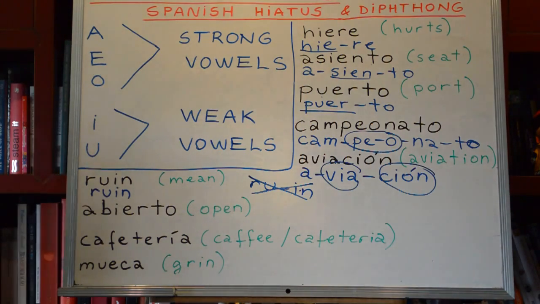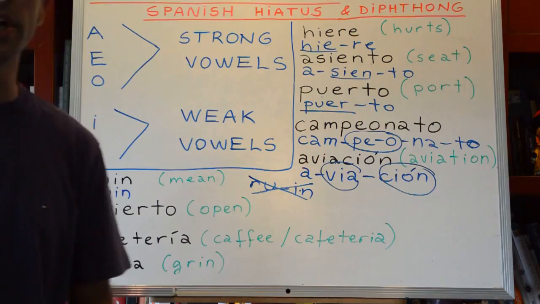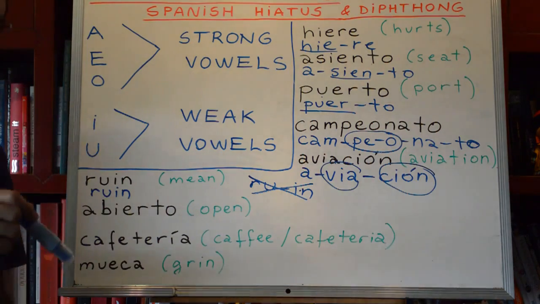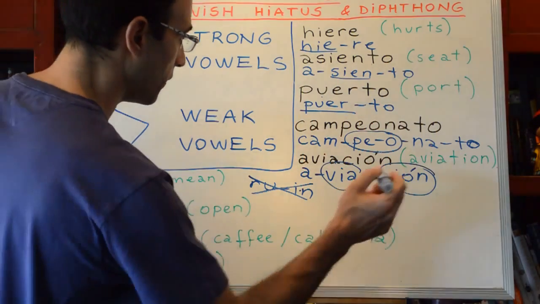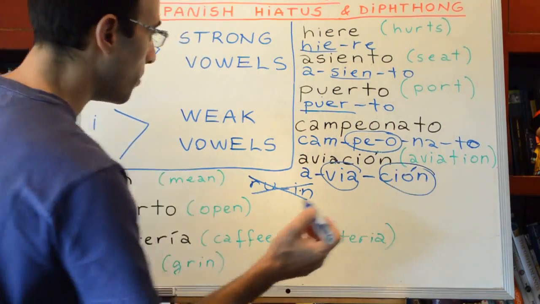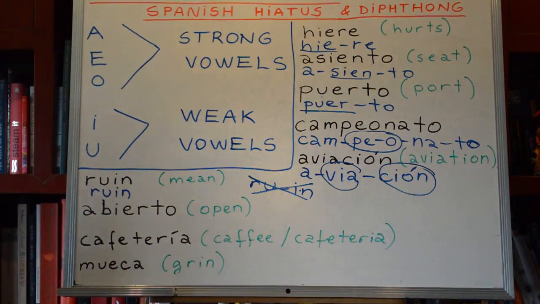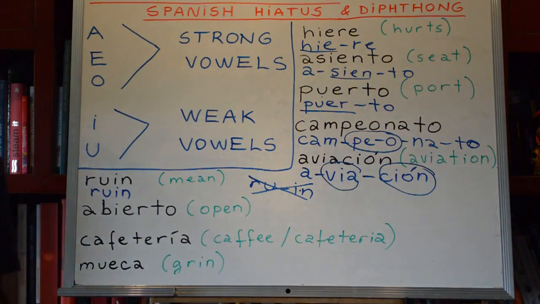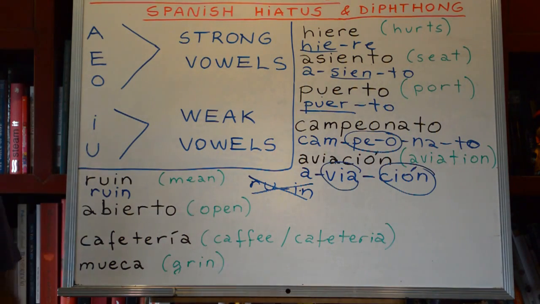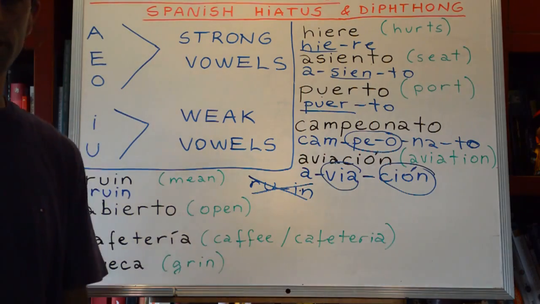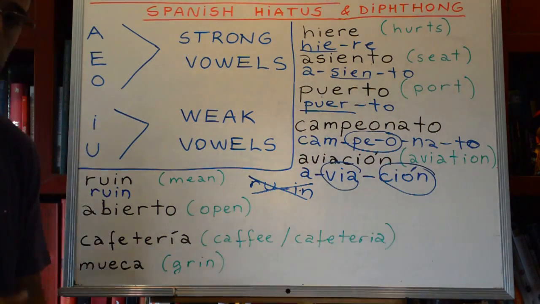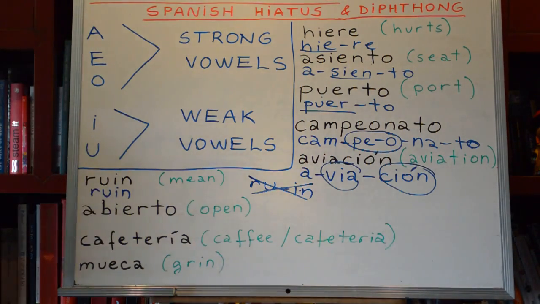Okay, and monosyllabic words in general do not carry a Spanish tilde. This is a Spanish tilde, okay? Monosyllabic words in general do not carry a Spanish tilde unless they are included in the fourth rule of tildes, which I haven't taught yet. But let me give you a hint.